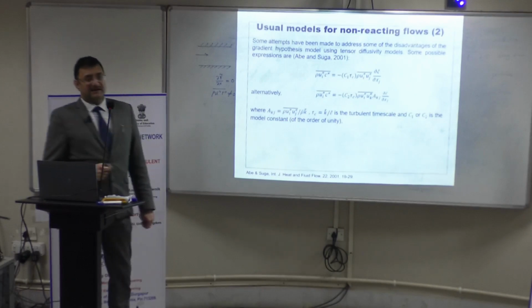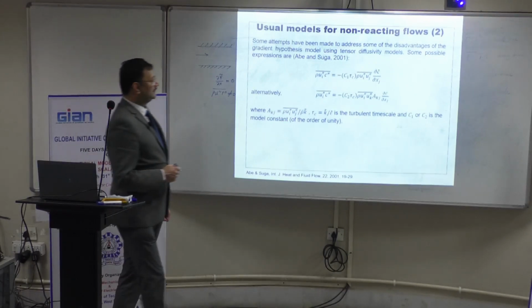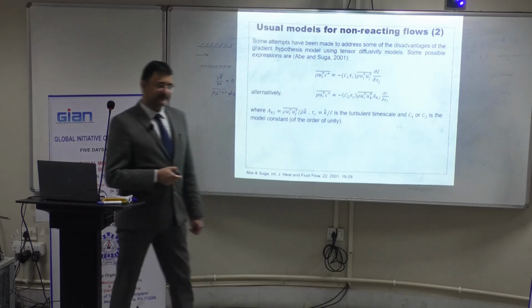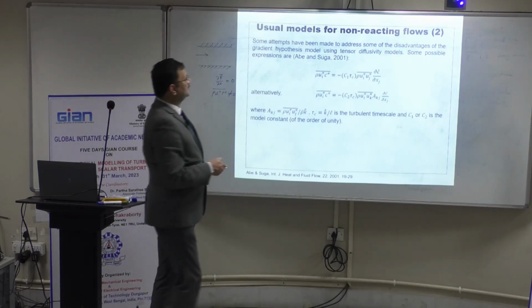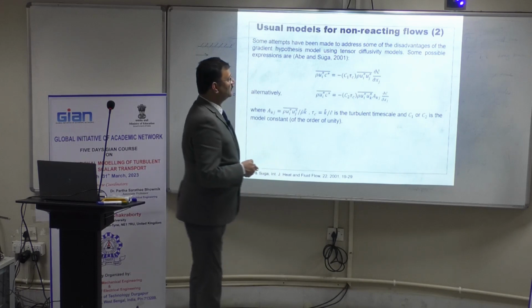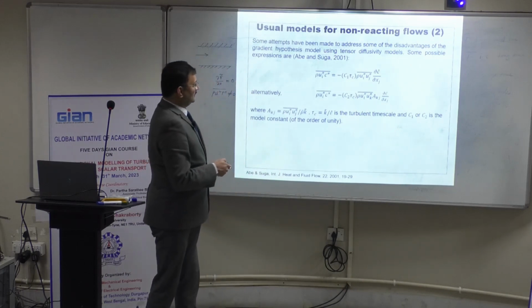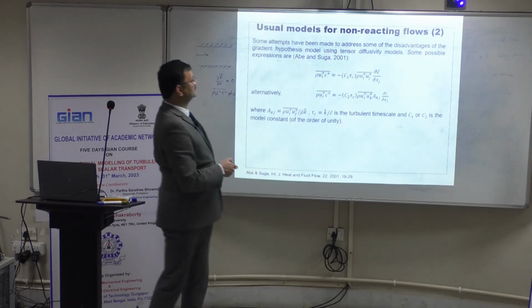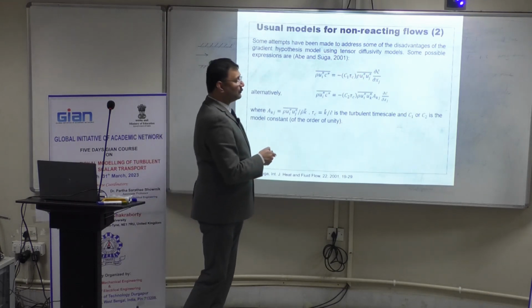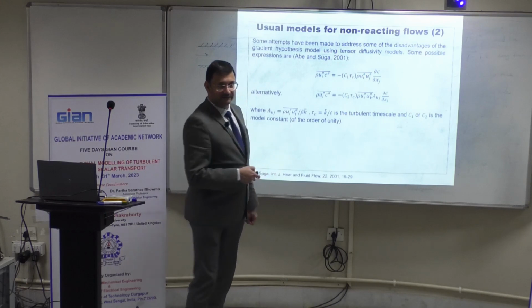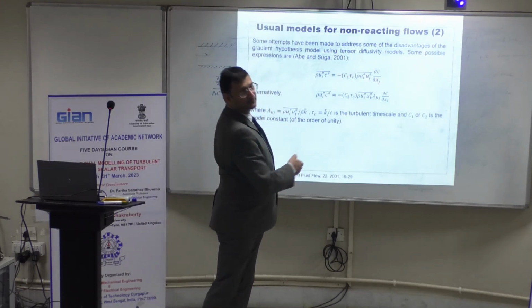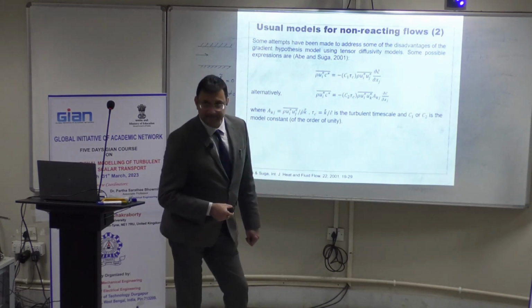There are some attempts to actually address these deficiencies. These are generally called tensor diffusivity models, where in this part where you had some kind of rho bar times diffusivity in the earlier slide, there is some dependence on the local Reynolds stresses.